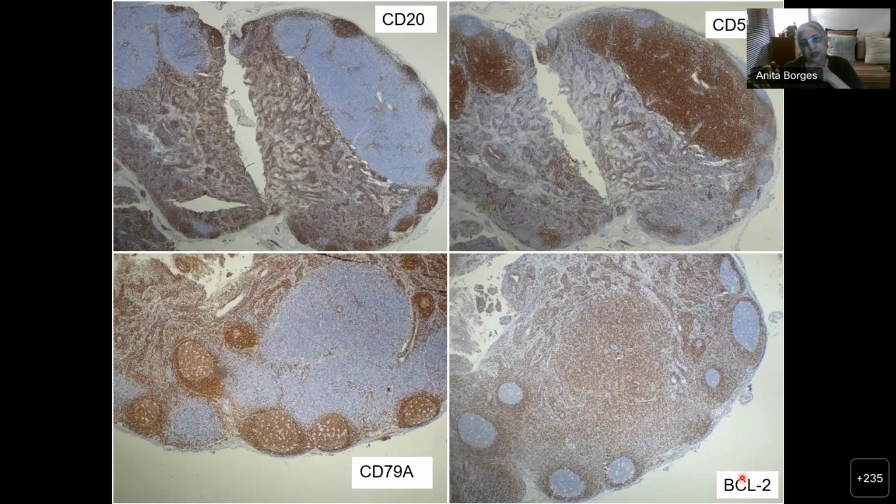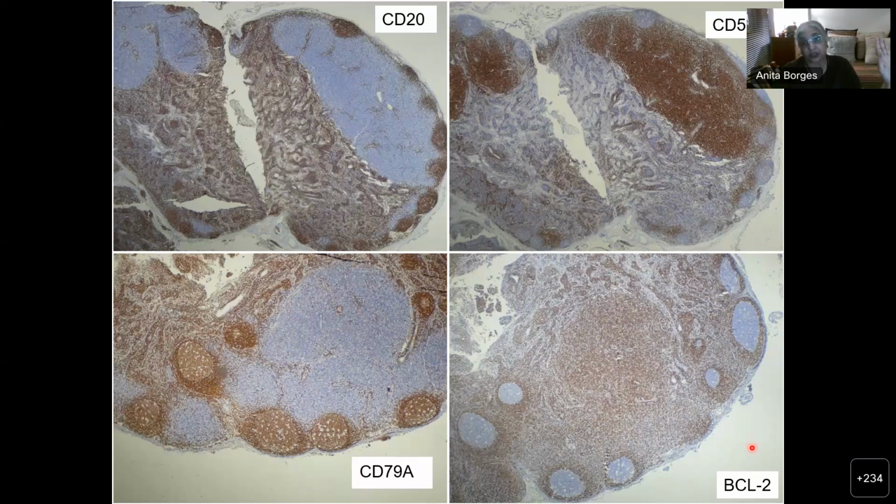Now here is BCL2, and I'm sure all of you know about BCL2. BCL2 is a marker that we use more often than not to say whether a follicle is expressing it, and if it is expressing it, then it is unlikely to be a normal germinal center.